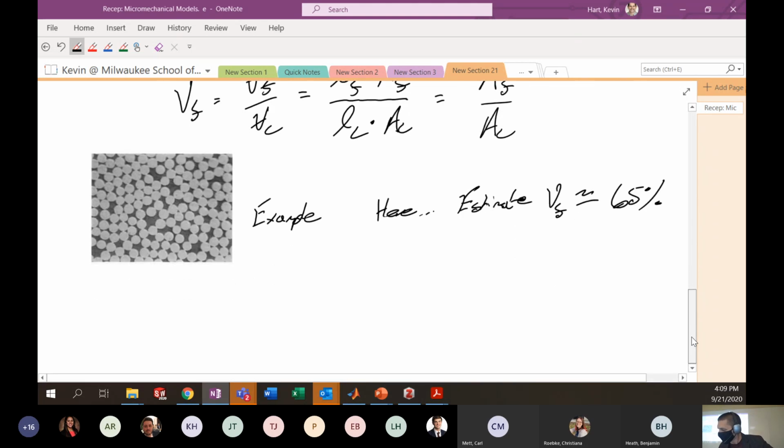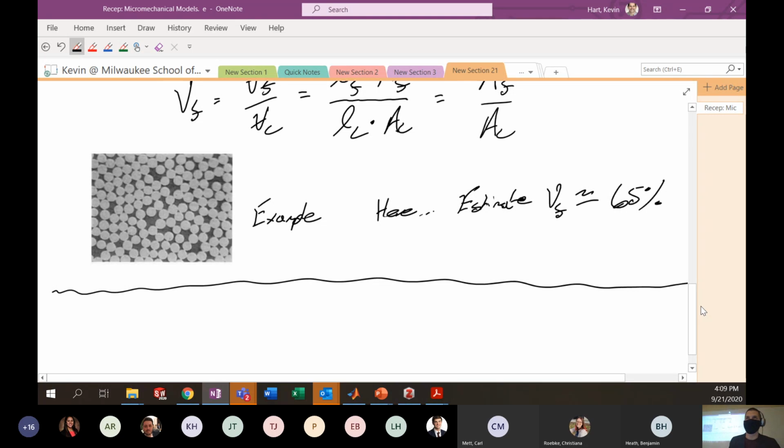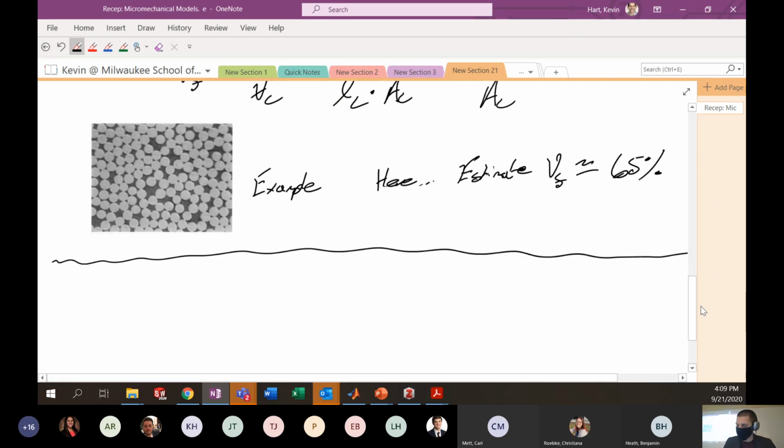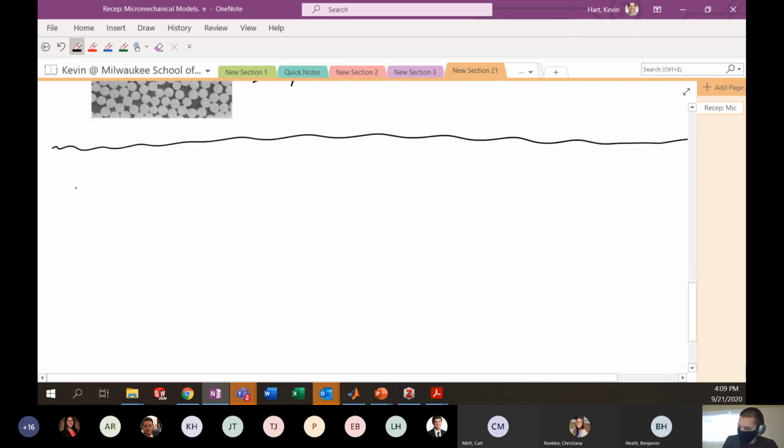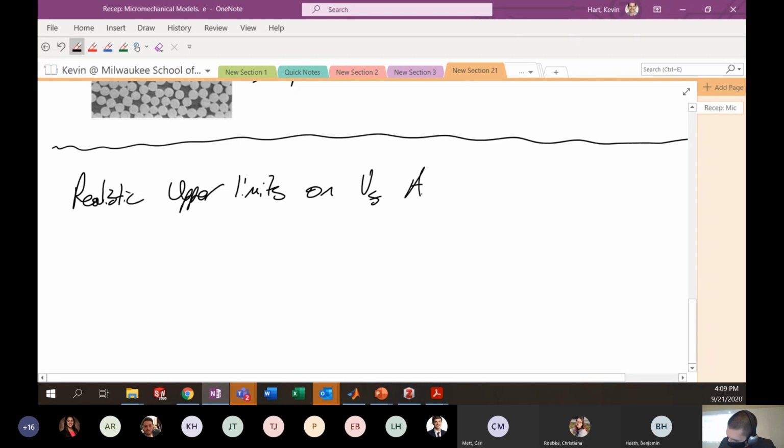The same sort of principles apply here and give us a realistic upper limit on what we might have for volume fractions of composites, specifically unidirectional composites. So realistic upper limits on volume fraction are governed by packing of the fibers.